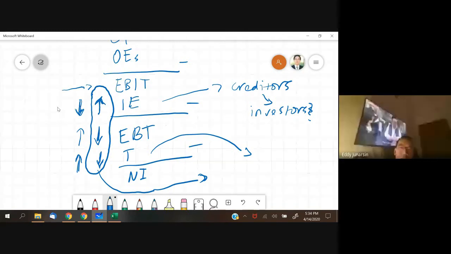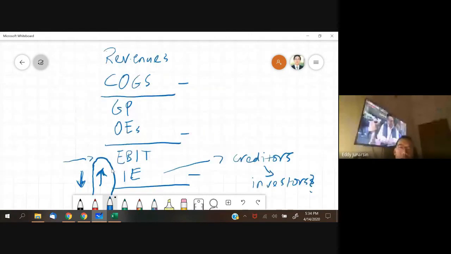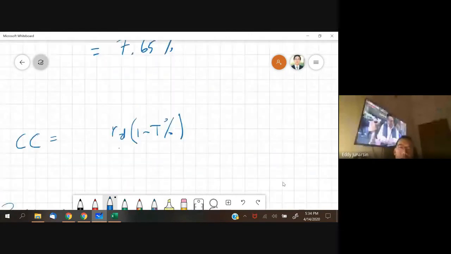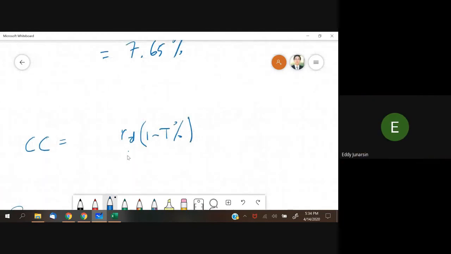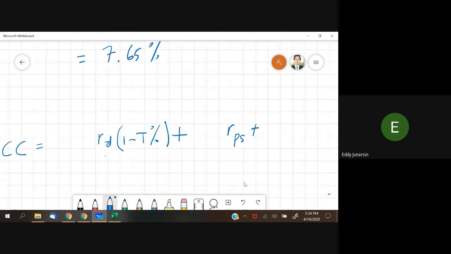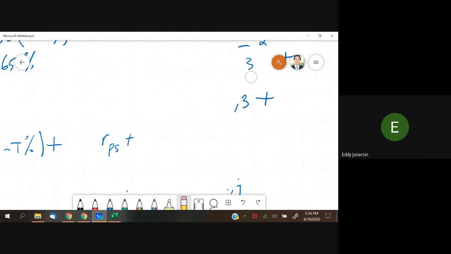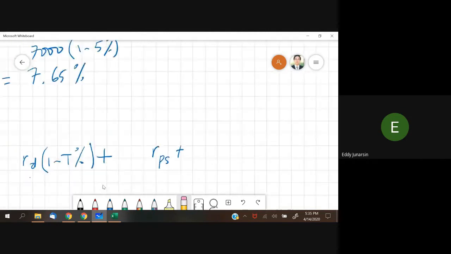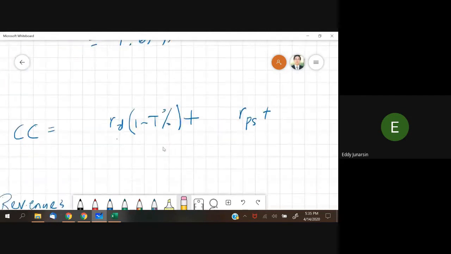Okay, so coming back to the story here, cost of debt is tax deductible because it benefits the company by lowering tax payment. Plus cost of preferred stock, if any, right? Plus, it may be too far away, so let me rewrite this.